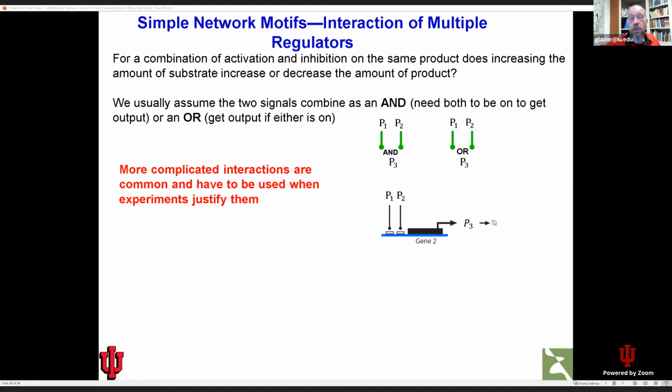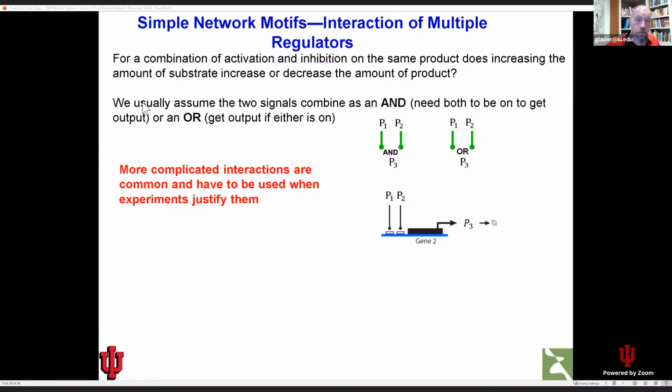Normally we will assume that either combination works like an AND gate or like an OR gate. But potentially it could be something more complicated. Remember in our feed forward network, we have P1 coming into P3 and we have P2 coming into P3 at the same time. How does P3 change as a function of P1 and P2?